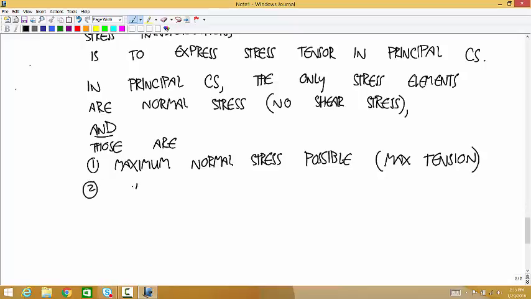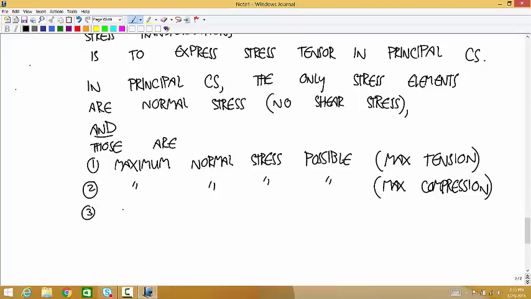One is the minimum normal stress possible, so that would be the maximum compression. And then a third normal stress that's in between those two.